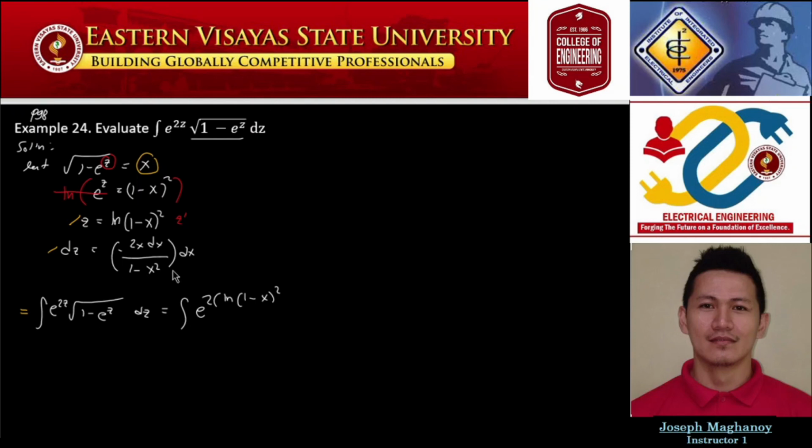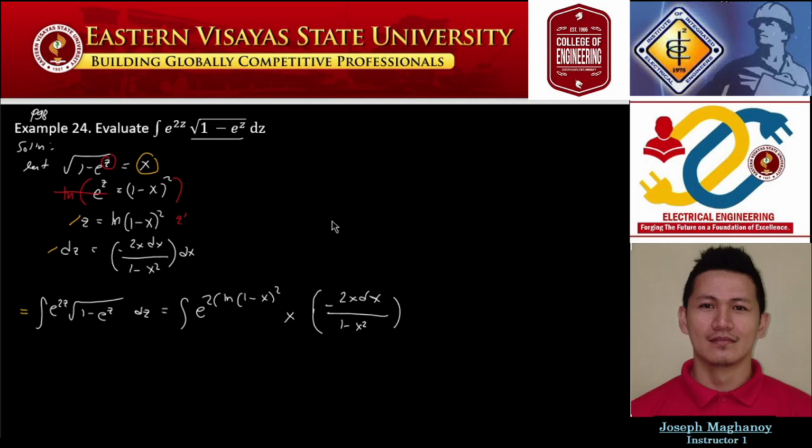For our radical, we replace it with x, and for dz, negative 2x dx all over 1 minus x squared.